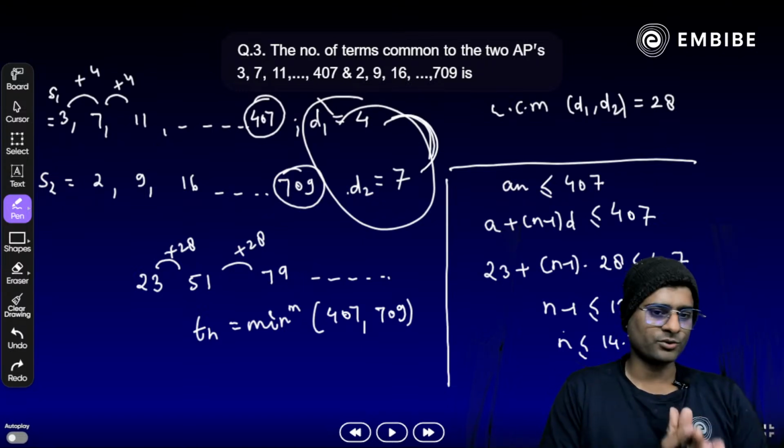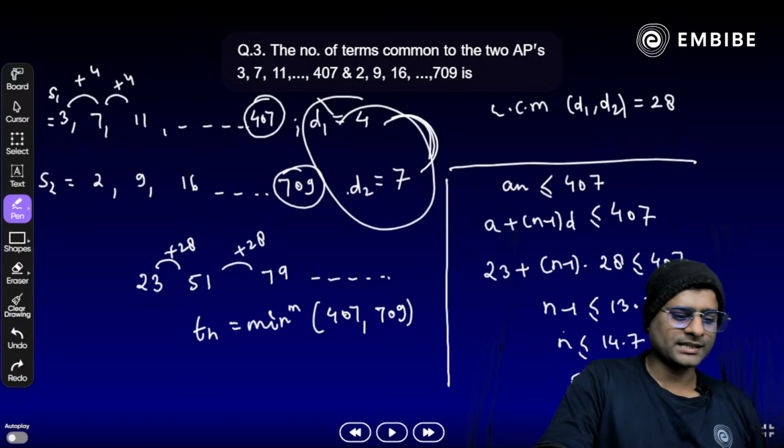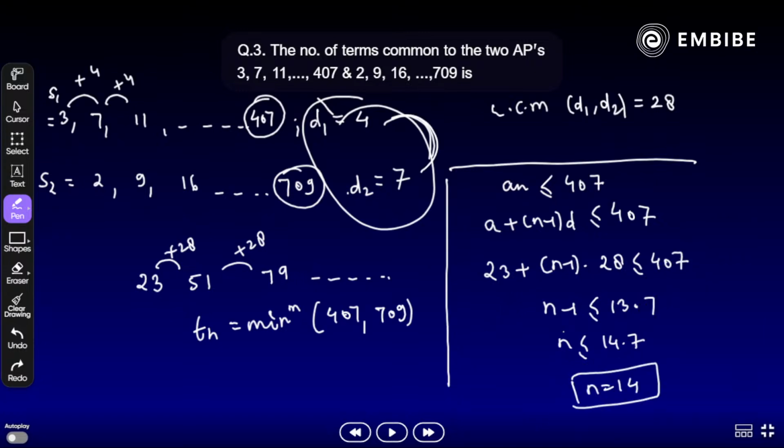14 is the integer. Obviously, we have an integer. Yes, the number of terms is an integer, a complete number. Remember? Have you ever seen 1.5 terms? No, never. So just note it down, all of you here. 14 is the right answer. Correct answer. Excellent, Arya. Very good. Anushka, well done. Very good approach. Absolutely brilliant here.